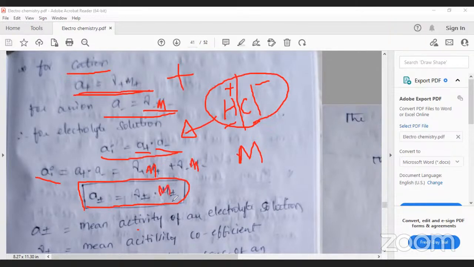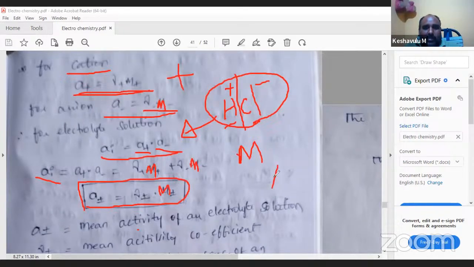That is a student mistake only. He may understand that as mu, but that is all M only. Whenever gamma is there, the adjacent symbol becomes M only. You have to remember.